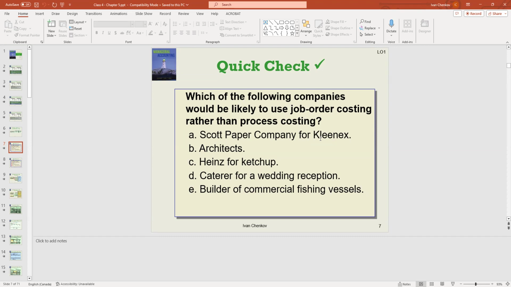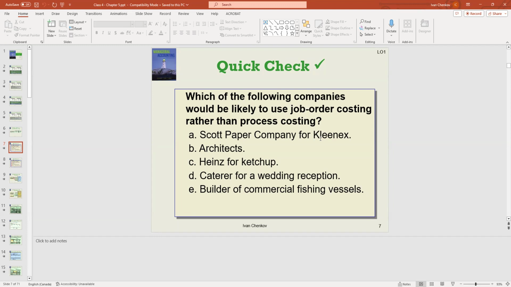Job order costing, right? Yes. How about ketchup? Heinz producing ketchup. That will be process, right? Because once we start producing ketchup, we're not stopping until we finish. Catering of a wedding reception. Job order, right? Every single client is going to come with different requirements.